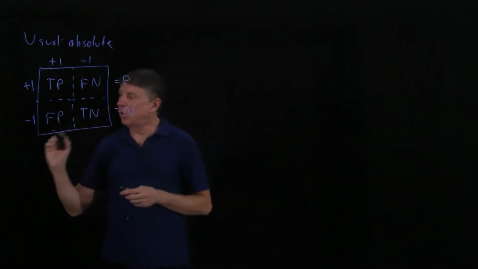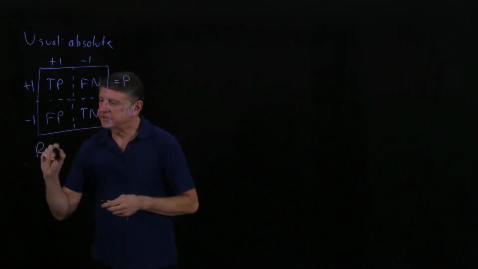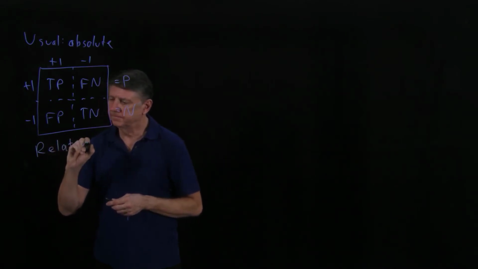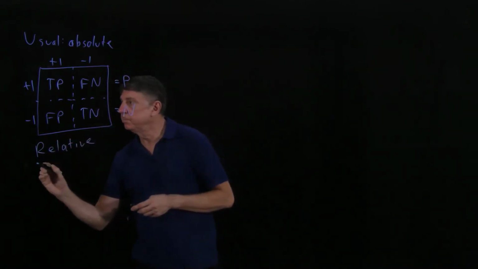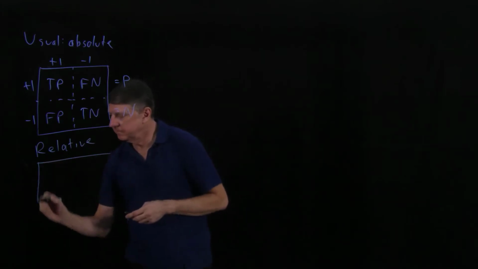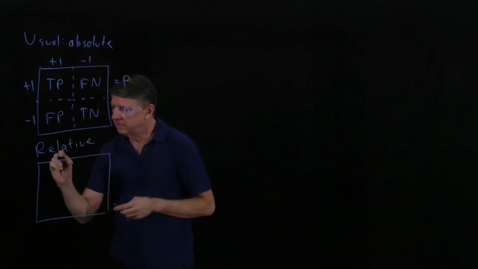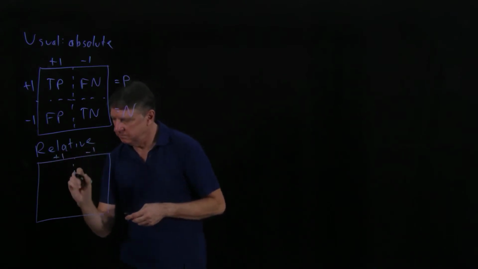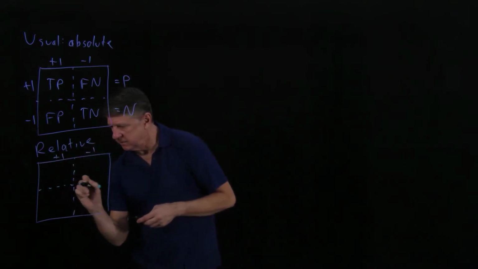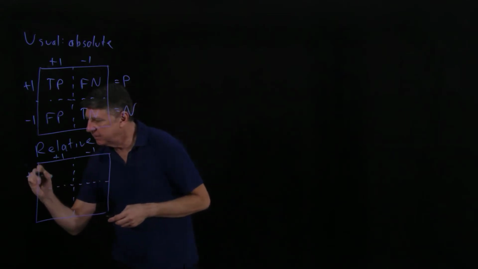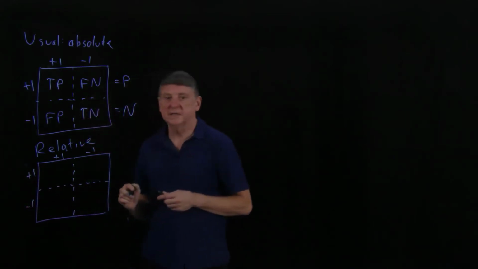Now, we could also put this as relative. If we put this as relative, this is the picture we would get. We would have +1 and -1 as our classes, and +1 and -1 as our labels.